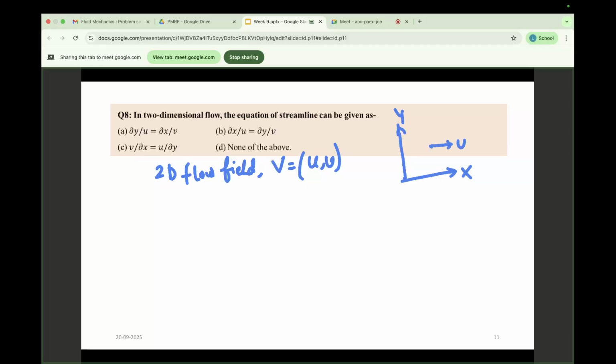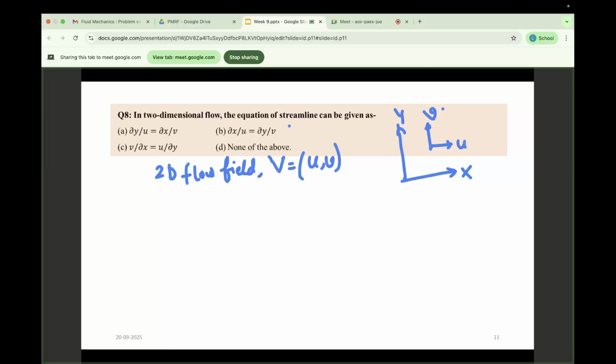Its x direction velocity is u and y direction velocity is v. So this capital V, which is a flow field, should be a function of u and v. Here u is the velocity component in the x direction and v is the velocity component in the y direction.